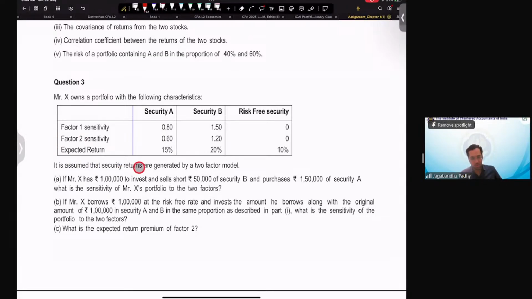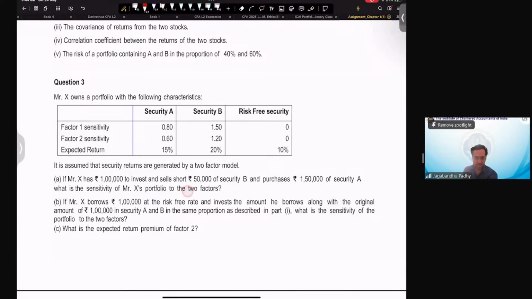So it is assumed that the security returns are generated by a two-factor model. If Mr. X has 1 lakh to invest and sells short 50,000 of security B and purchases 1,50,000 of security A, what is the sensitivity of Mr. X portfolio to the two factors?